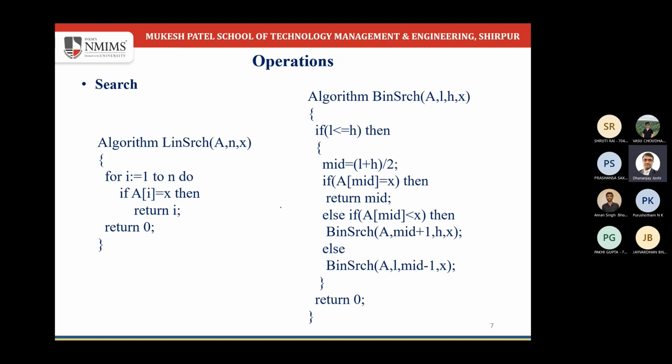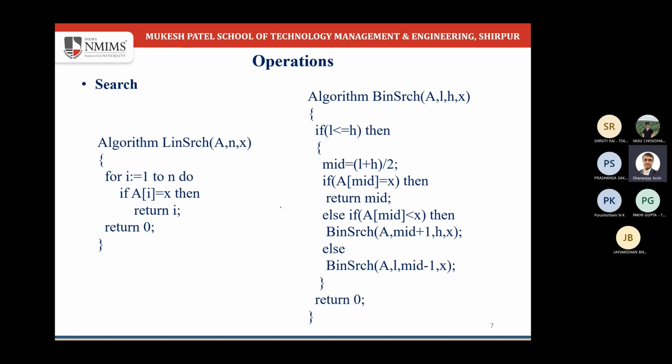And what does this return 0 mean? We want to return the index i where the element is present, but this return 0 has a specific significance. In the case we discussed, where the element to be searched is not present in the list, the loop will complete and terminate, followed by return 0.